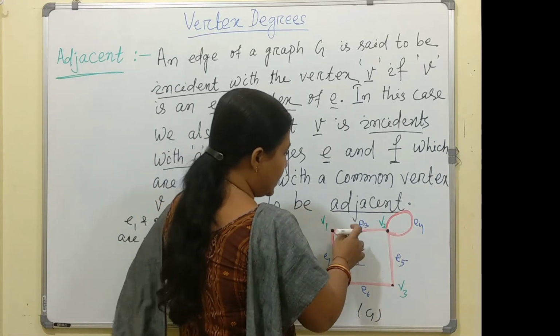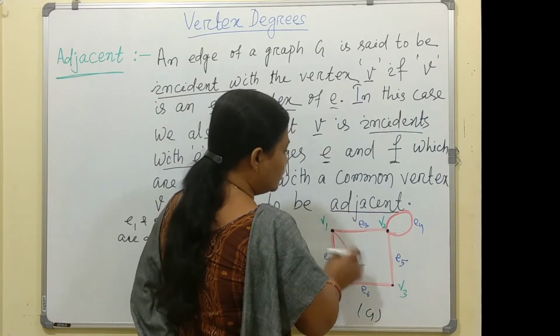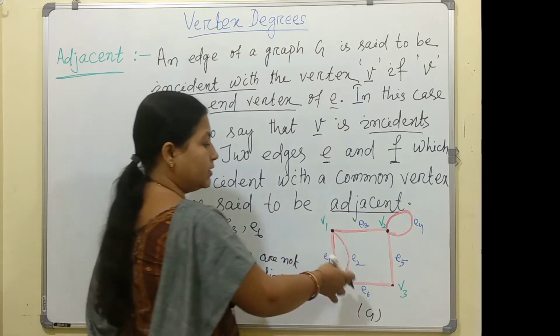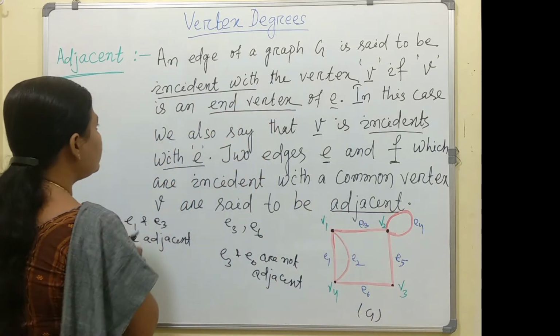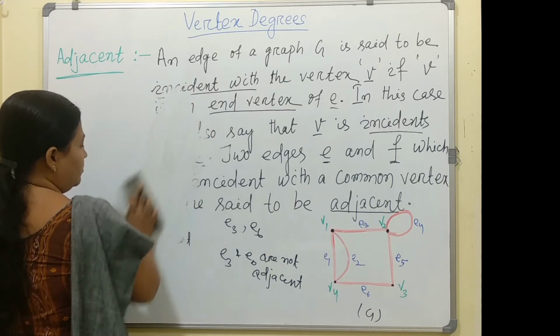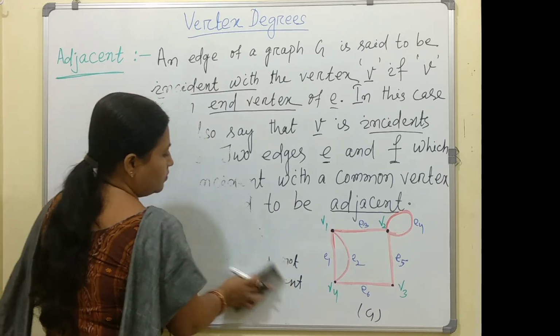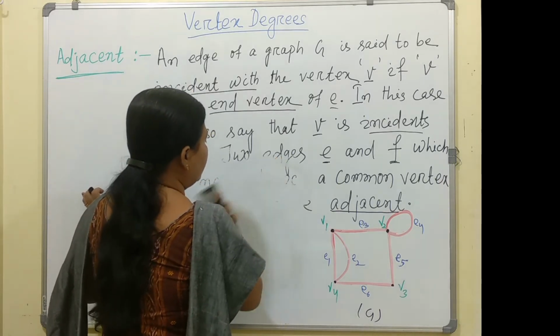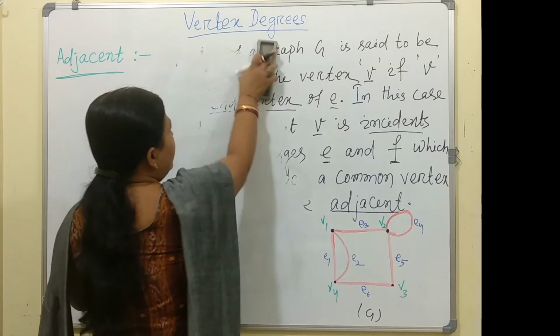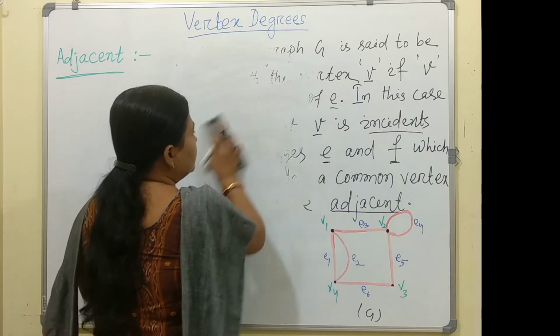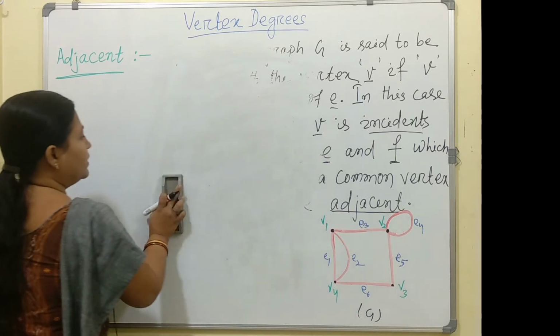Similarly, we can say that E3 and E2 are adjacent because they are incident with a common vertex V1. We can see the adjacent edges.